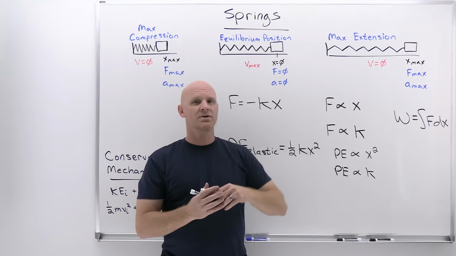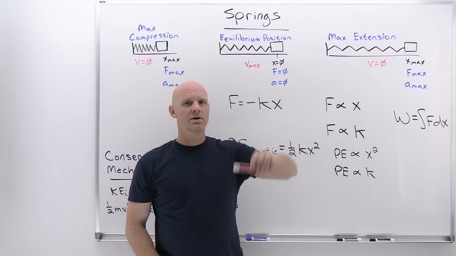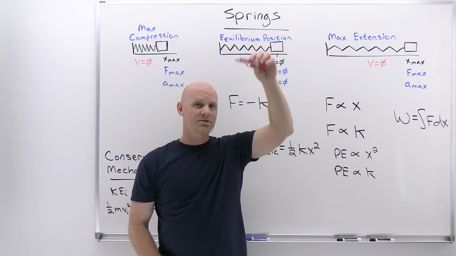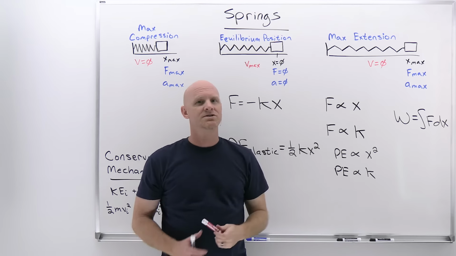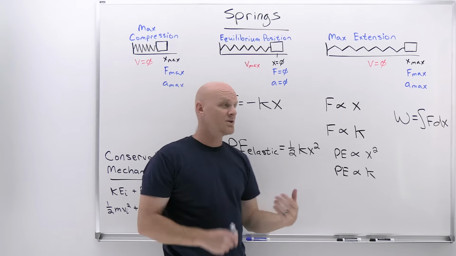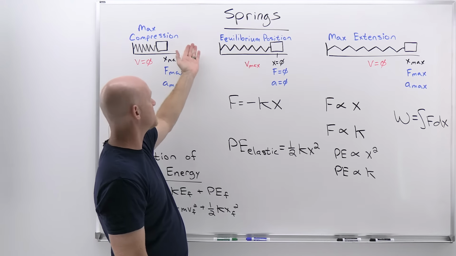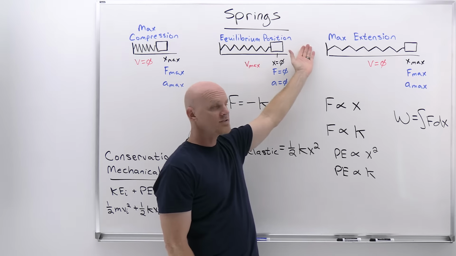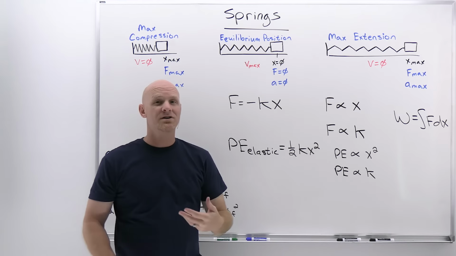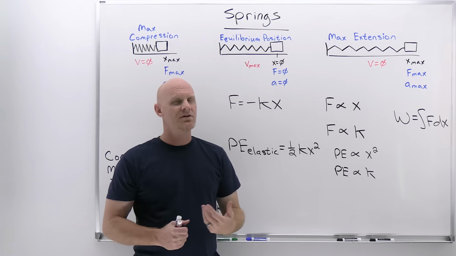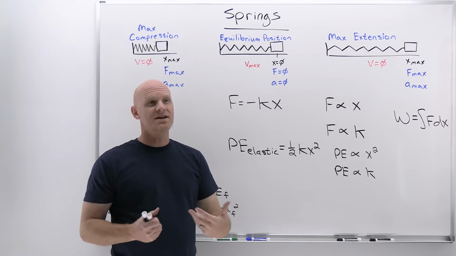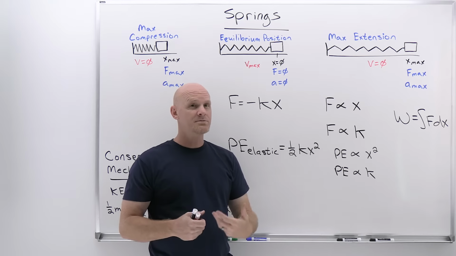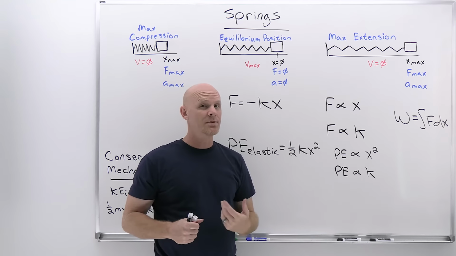And we look at the extremes. Anywhere in its motion, the total of kinetic and potential would add up to the same thing, but in the middle of its motion, it would have both kinetic and potential. The same thing is true of the spring. If you're somewhere in between max compression and equilibrium, or max extension and equilibrium, you're going to have both kinetic and potential. What you find is that we often deal with the extremes because that's where we can solve problems, because one of those terms is going to go away, being 0.